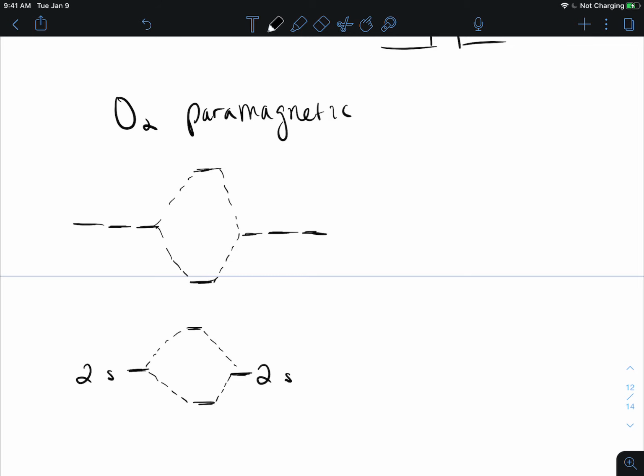We're not going to have a raising of that sigma 2p, or lowering of the sigma 2s. Let me just write that a little bit better. Okay.